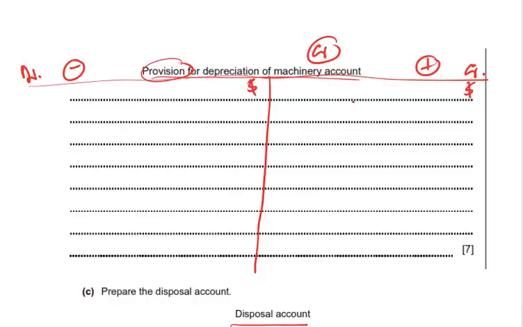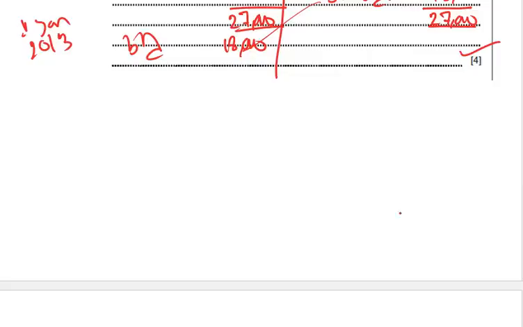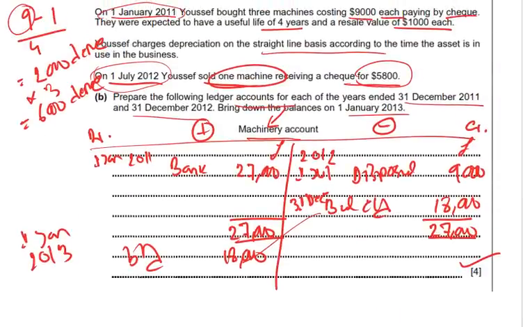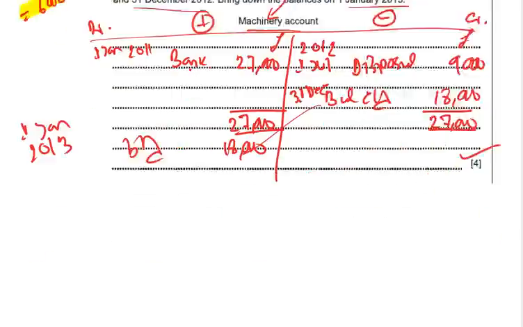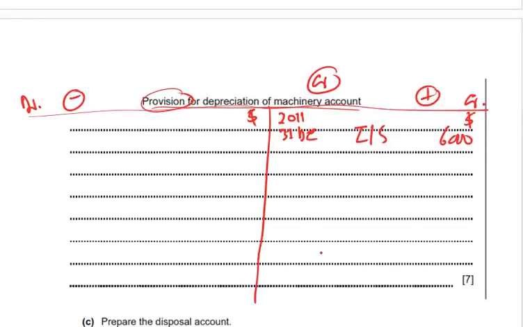So all of the depreciation we charge into the income statement, which was held in 2011, 31st December, we calculated it's 6,000. That's the 6,000 depreciation for the 3 assets, for the year ending 2011.